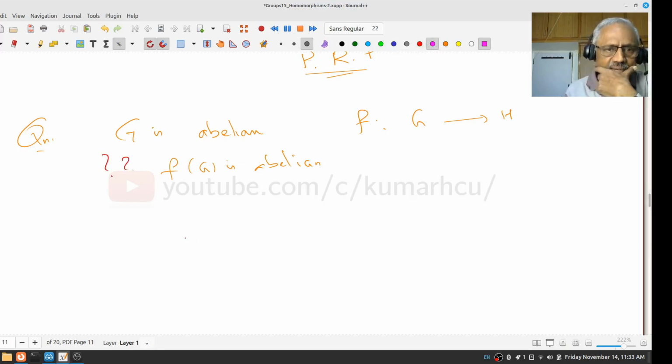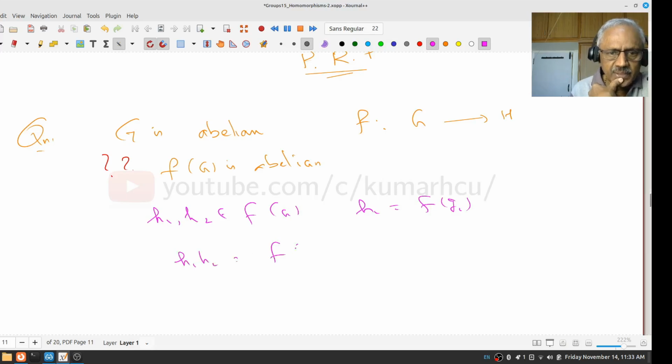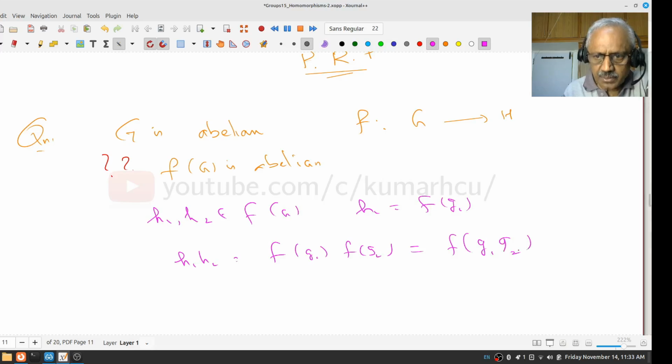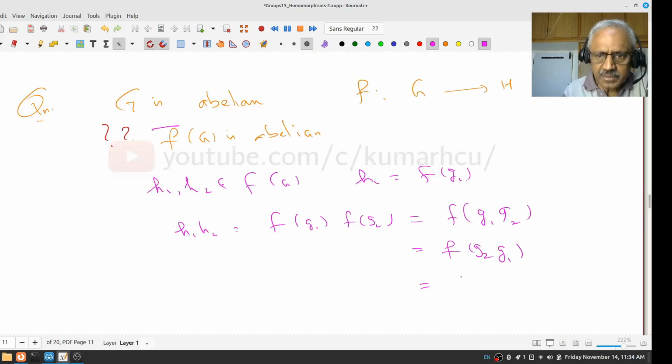Right? That is again clear because start with h1, h2 in f of G. That means hi is f of gi, right? Therefore h1 h2 is f of g1 times f of g2, but since f is a group homomorphism, it is f of g1 g2, but since G is abelian, g1 g2 is the same as g2 g1, so f of g2 g1, but since f is a group homomorphism, it is f of g2 times f of g1, but that is h2 h1.